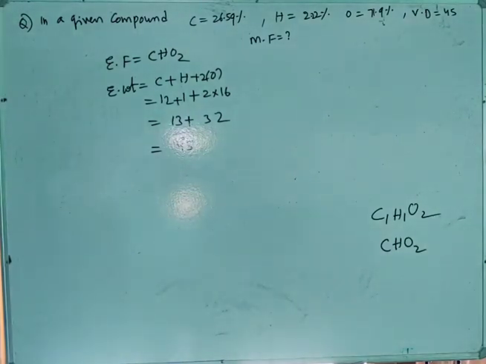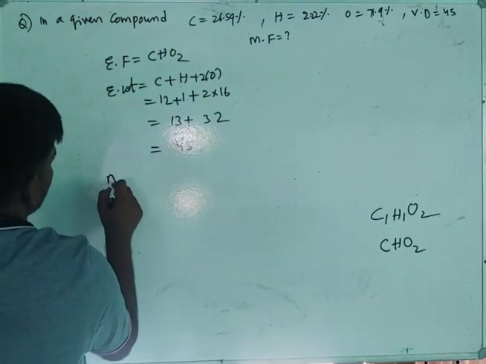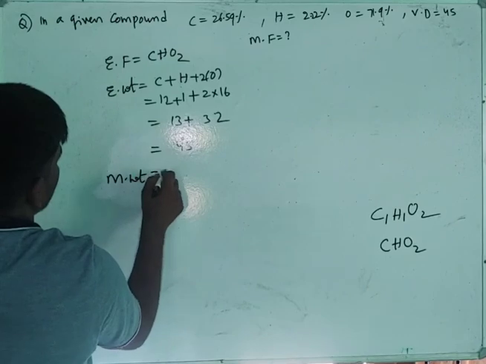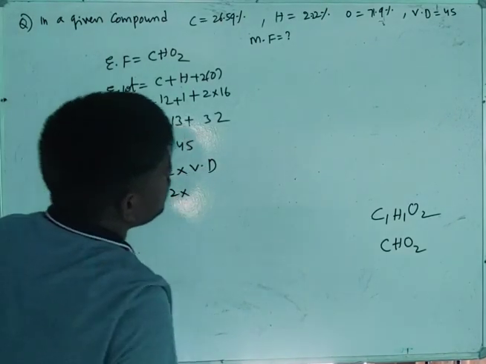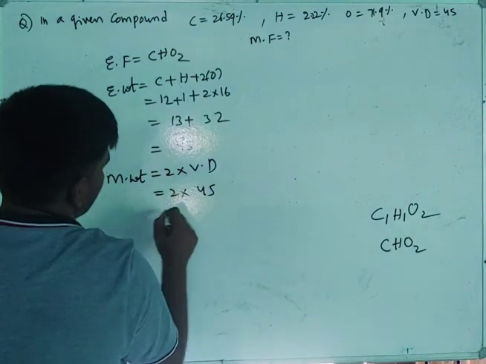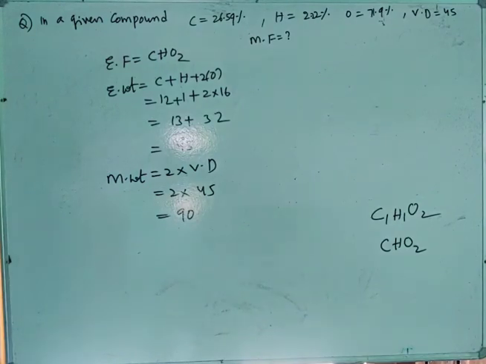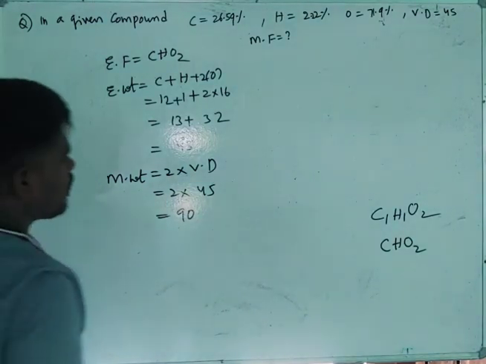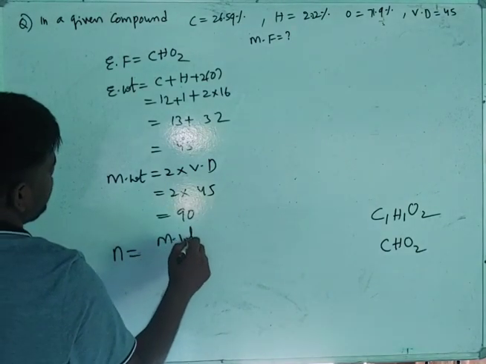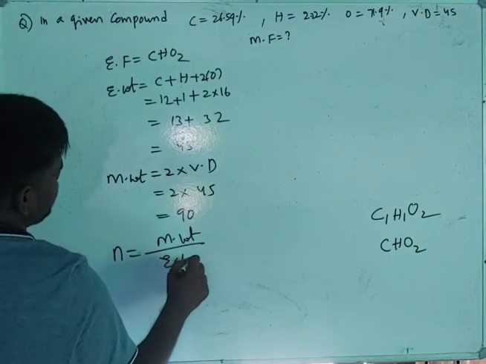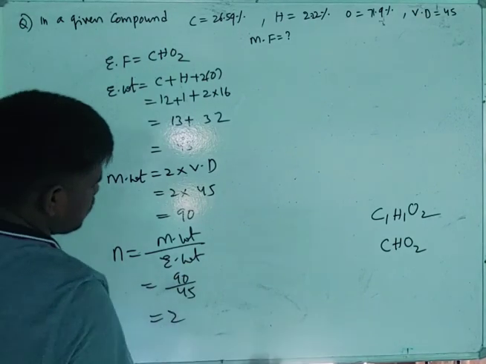So the empirical weight is 45. Next we need to find the molecular weight. Molecular weight is equal to 2 into the vapor density. How much is the vapor density given? 45, so it is equal to 90. The empirical weight is there, the molecular weight is there, so then we need to find the n value. n is equal to molecular weight by empirical weight, which is 90 by 45, equal to 2.